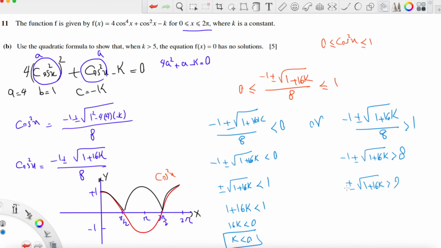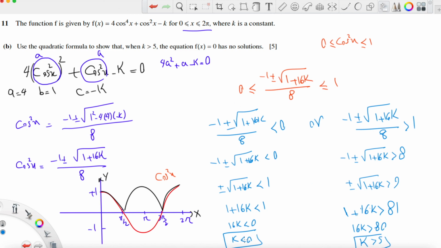I square both sides, so no matter positive or negative, when you square, both become positive, so it will become 1 plus 16k more than 81. Subtract 1 from both sides, so 16k is more than 80, or divide both sides by 16, it will be 5. So if k is more than 5, this equation won't have any answer.